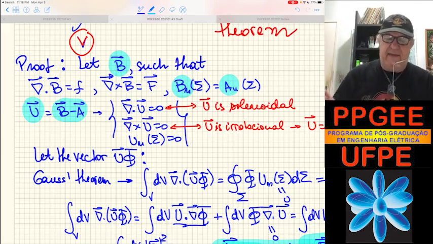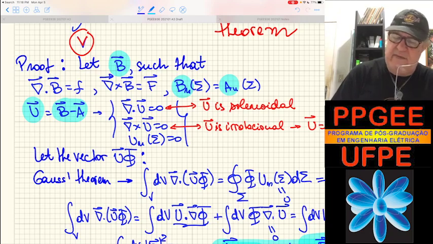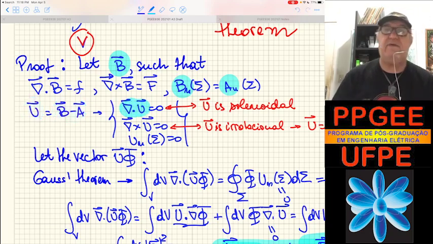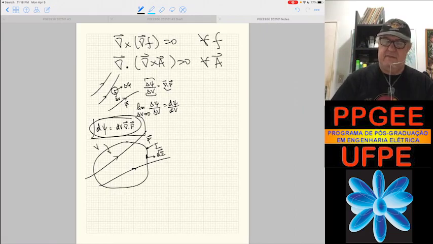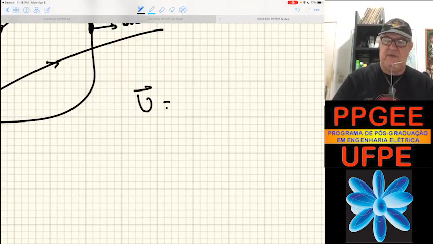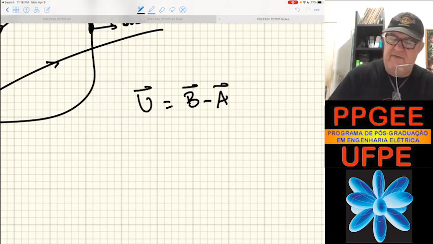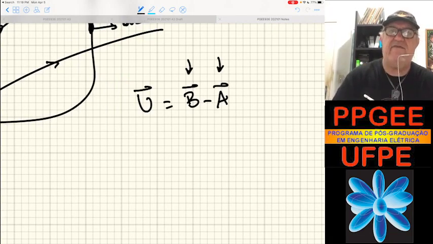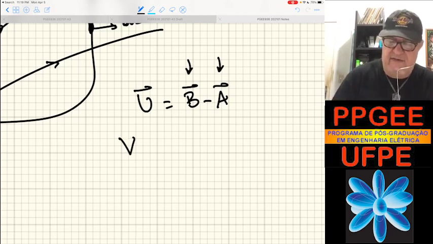This vector field B minus A has properties. The divergence of B equals the divergence of A. Nabla is a linear operator, so the divergence of U equals 0.